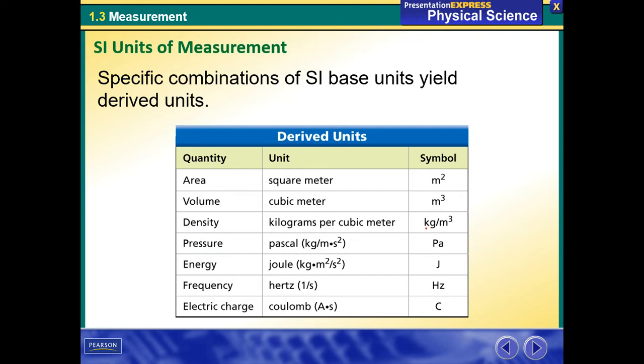Density involves the base unit for mass and the base unit for length. Pressure, which we'll talk about when we get to gases, has the unit Pascal, so it comes from mass, length, but also time. If you get down to frequency and electric charge, those also come from the base units that we mentioned.